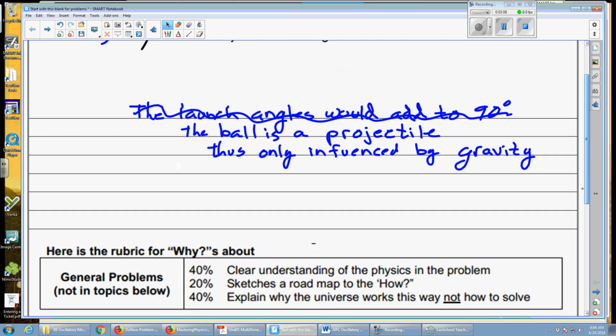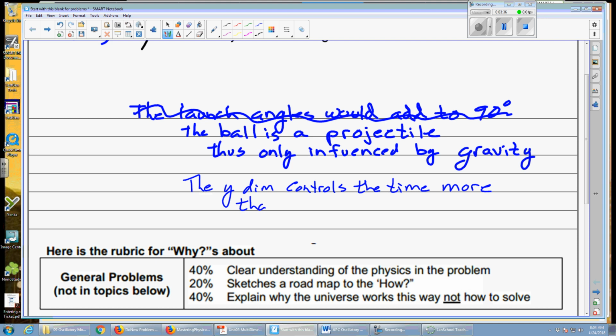So I might actually also add in here by thinking that the y dimension controls the time more than the x dimension.